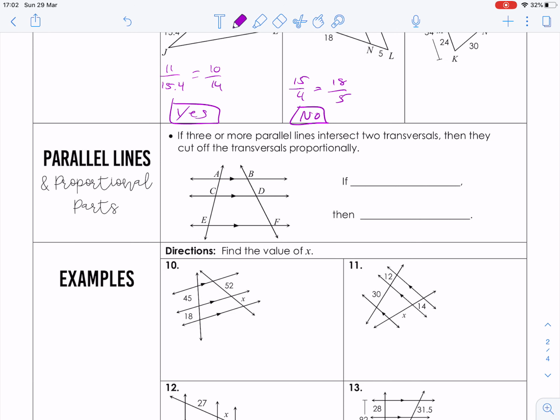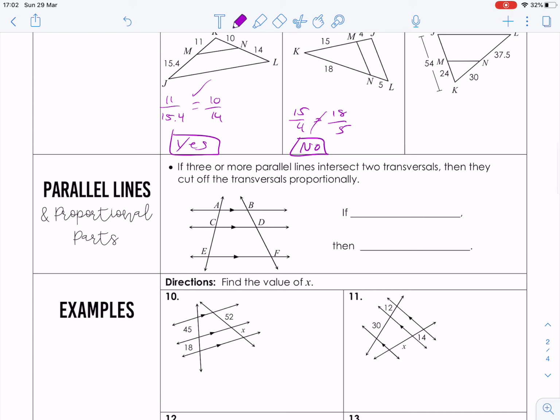You could just put them in your calculator and check, or you could find a common denominator and check that way. So if we did the common denominator, this would be multiplied by 5 over 5, and this by 4 over 4. That would be 75 20ths.